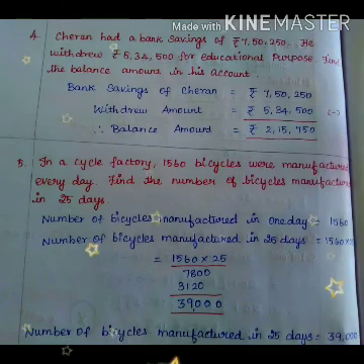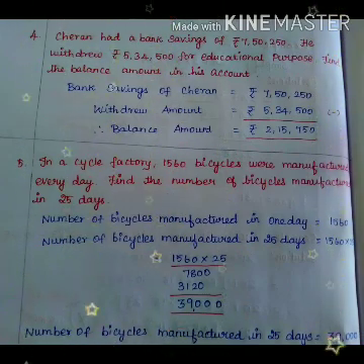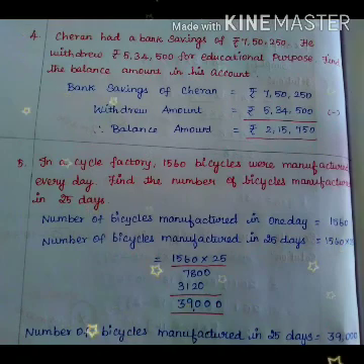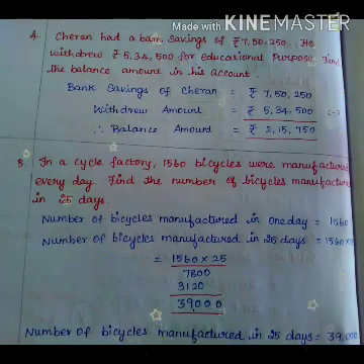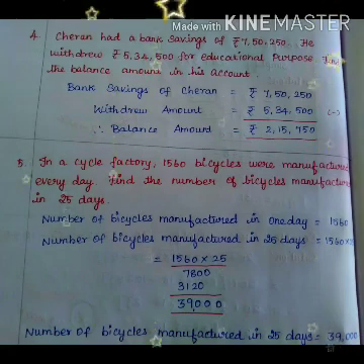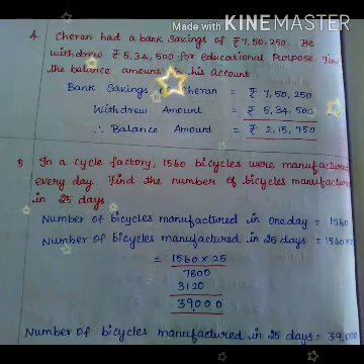Here 4 is there. 4 minus 3 is 1. 7 minus 5 is 2. So balance amount, how much? 2,15,750. The balance amount in the account is rupees 2,15,750. Okay.